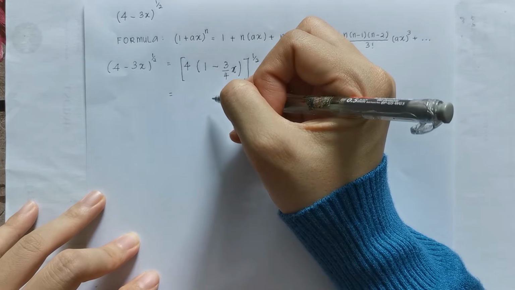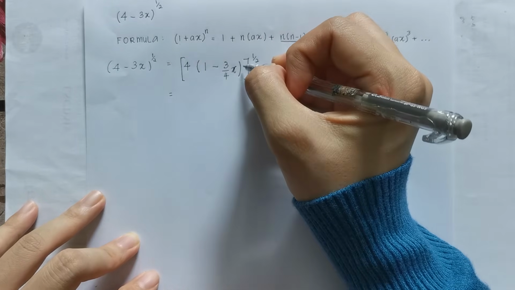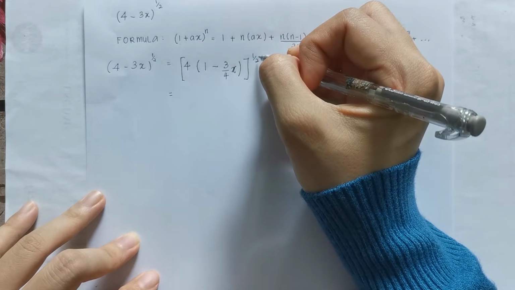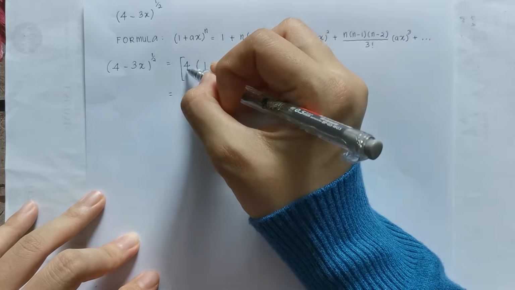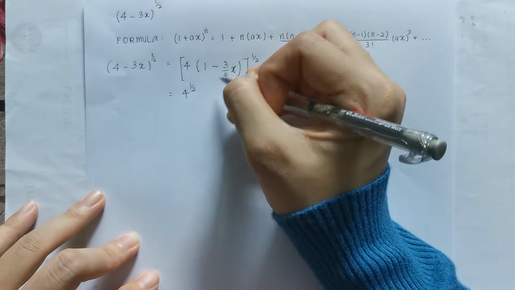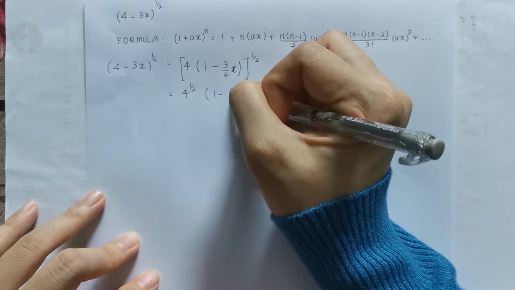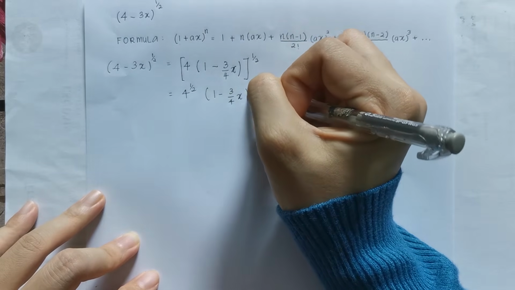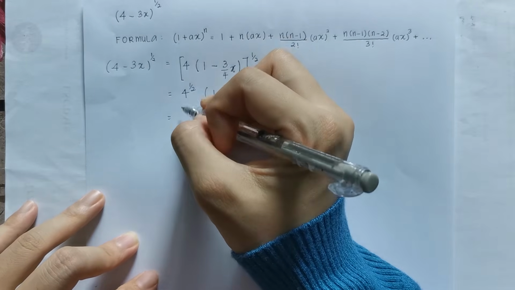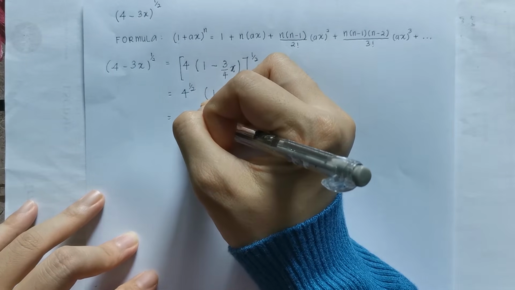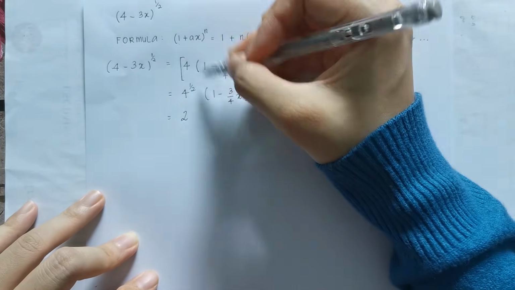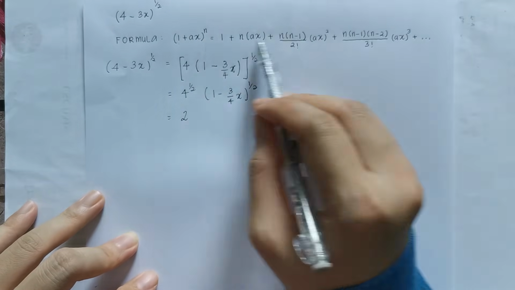Applying the rules of indices, the power of 1/2 can be applied to both of them: 4^(1/2) and the bracket (1 - 3/4 x)^(1/2). 4 to the power of 1/2 is the square root of 4, which is just 2. Now we have 1 here, so we can apply this formula.